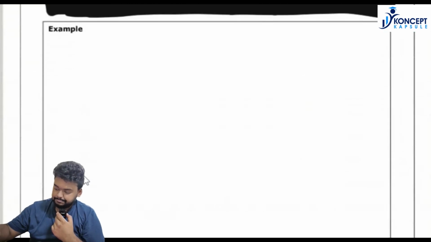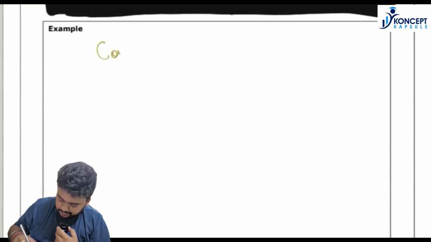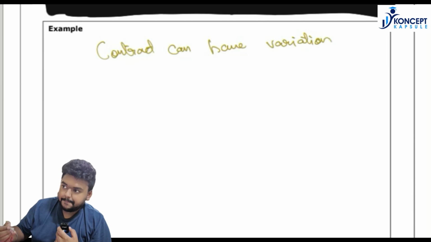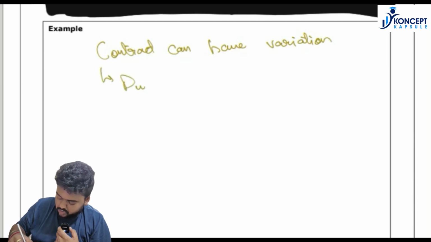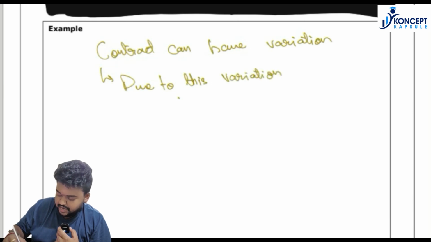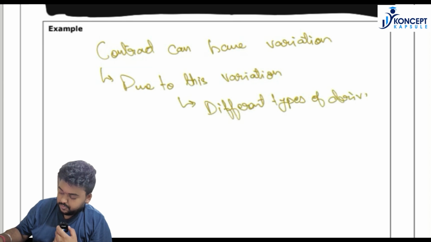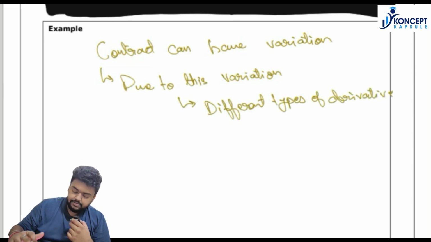Now, this contract can have variations, and due to these variations, we have different types of derivatives. So, what can be the variations?